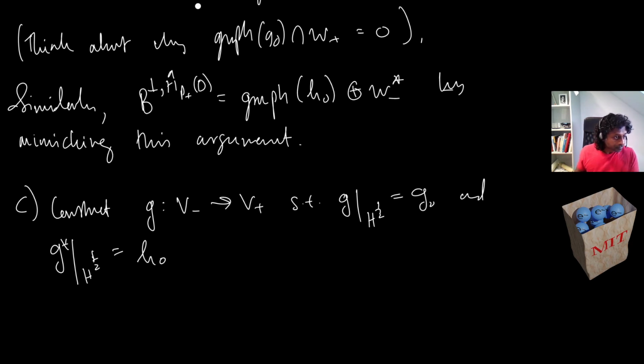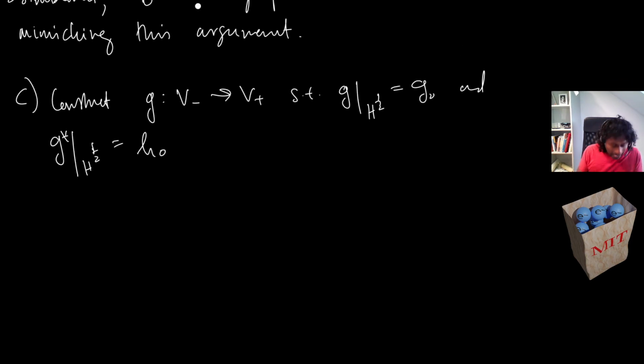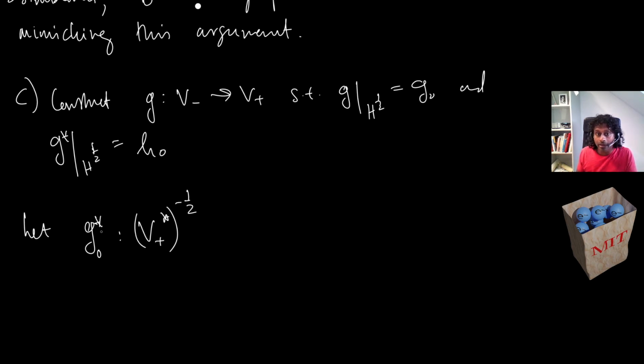So, okay. For that, let G naught star be now the map that takes me from V plus star to minus a half. So now this adjoint is with respect to the pairing of V minus a half and V minus star minus a half, right?